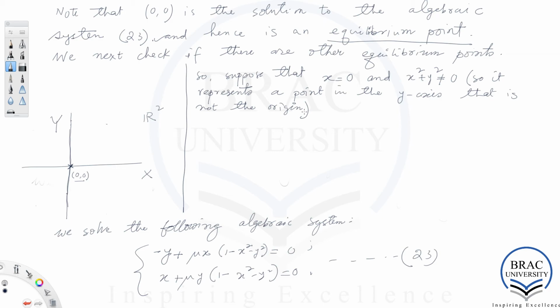It then follows from the first equation of 23, since we are choosing x equal to 0, that y is equal to 0.